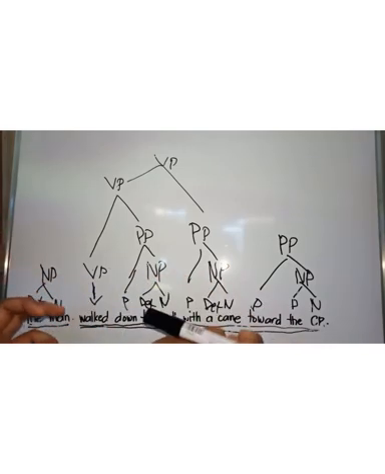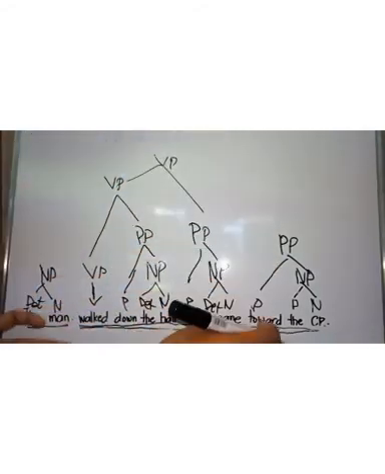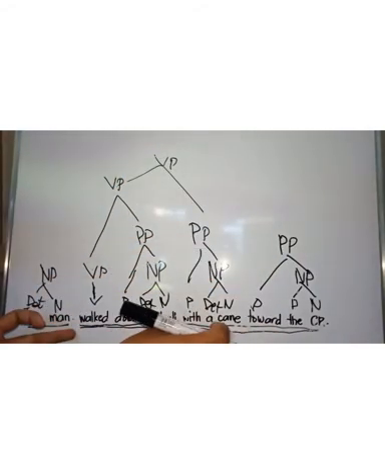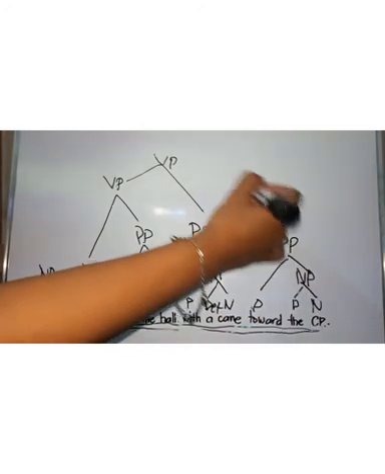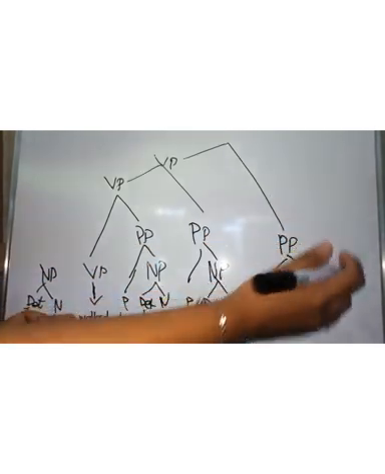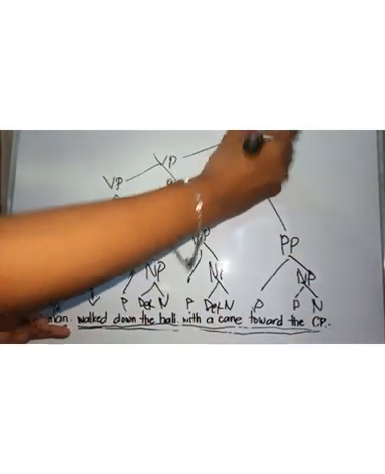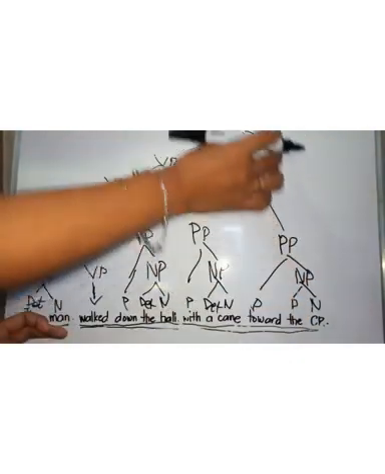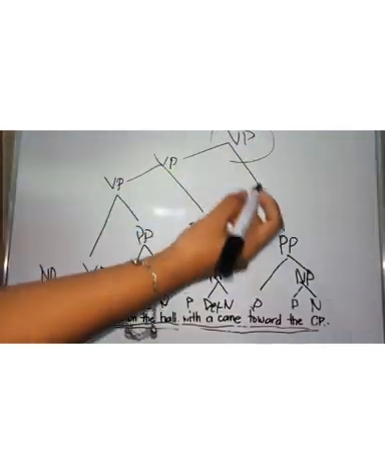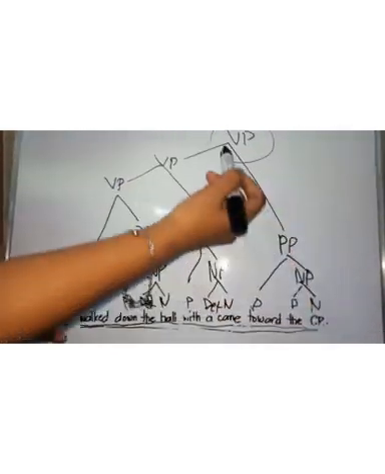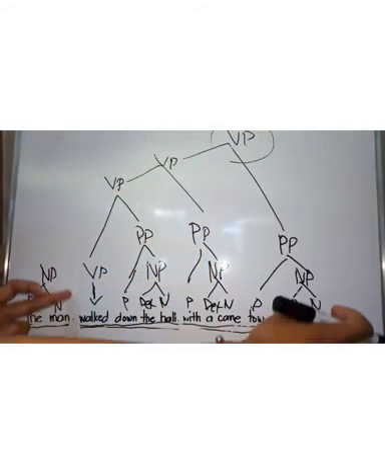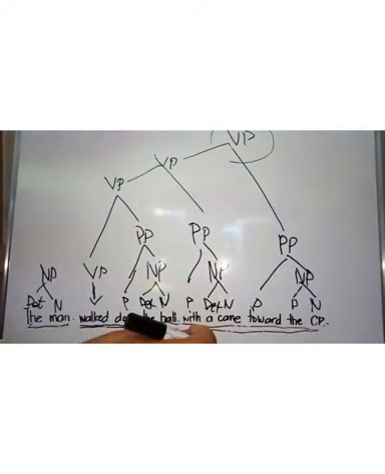But then it's still not enough for you. You added one more, toward the car. Okay, so this verb phrase here, walked down the hall with a cane, you added one more prepositional phrase. And that is your verb phrase. So this is your mother verb phrase now, because it encapsulates all the verb phrases here and the prepositional phrases here.